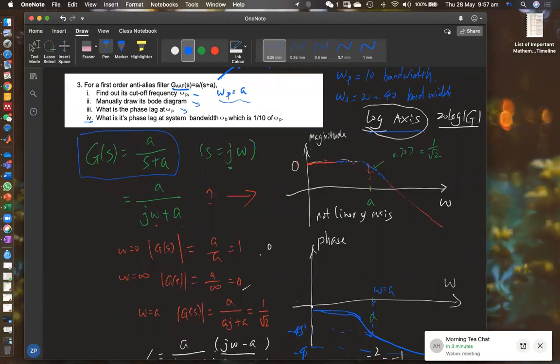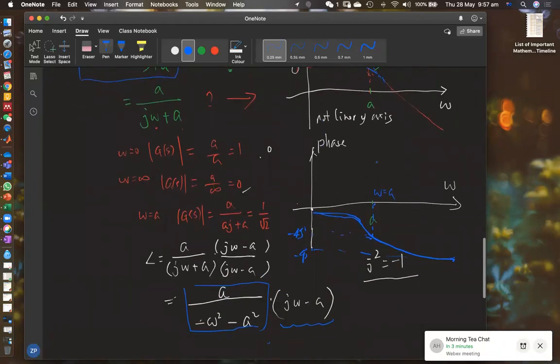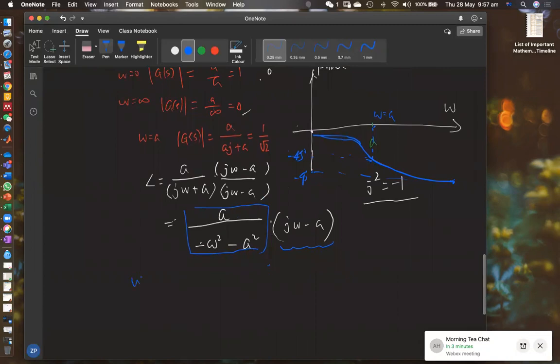The next question is, if the bandwidth is only 1/10 of omega p, what phase lag is it causing? That's when omega is equal to 1/10 of omega p, which is 1/10 of A. What's the phase lag?